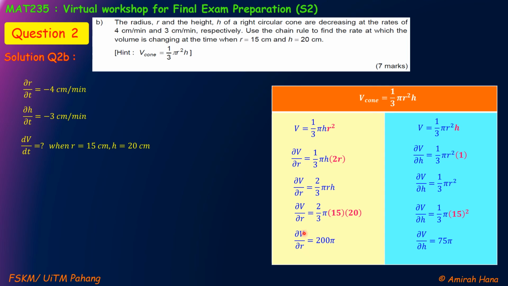After we find del v over del r and del v over del h using partial derivatives, we can find dv over dt using the chain rule.